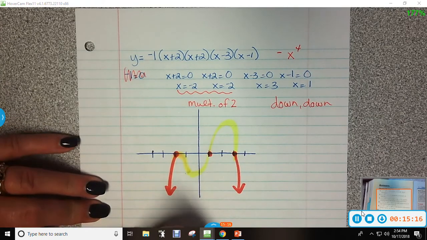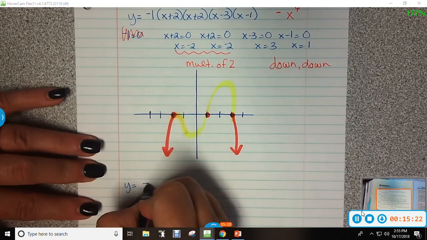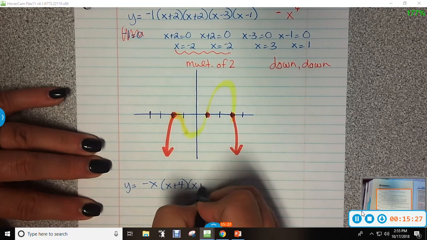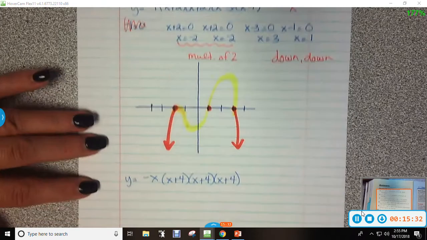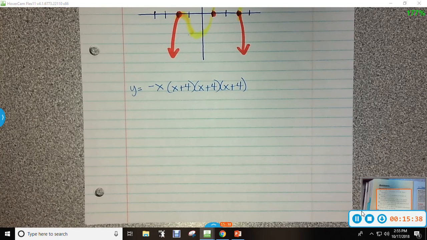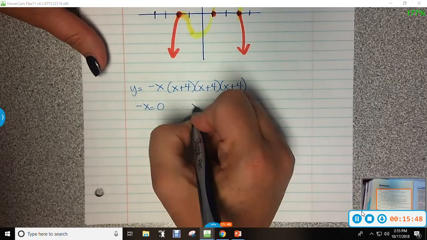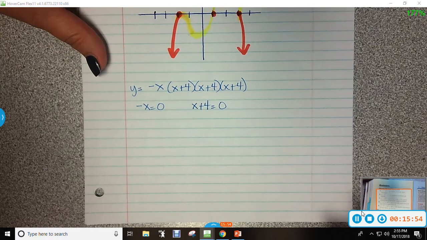Alright, and then one more. For this one, it is already in factored form. Set all of your factors equal to 0 and solve them. Now I've got x plus 4 three times. Do we really have to write it down 3 times and solve it all 3?